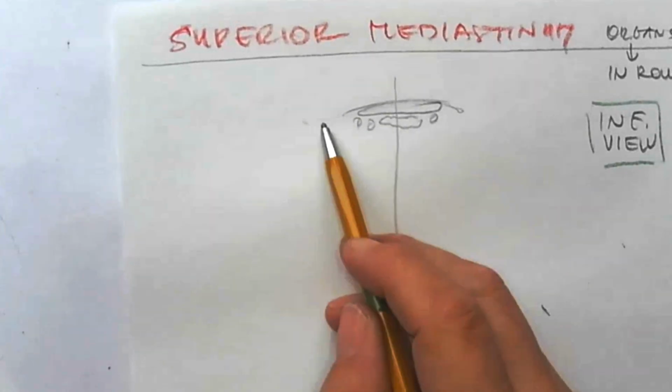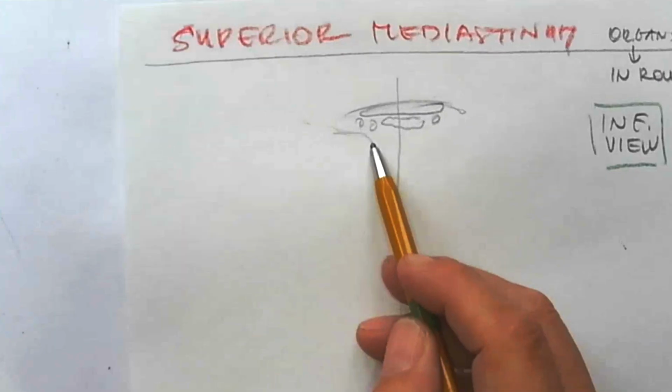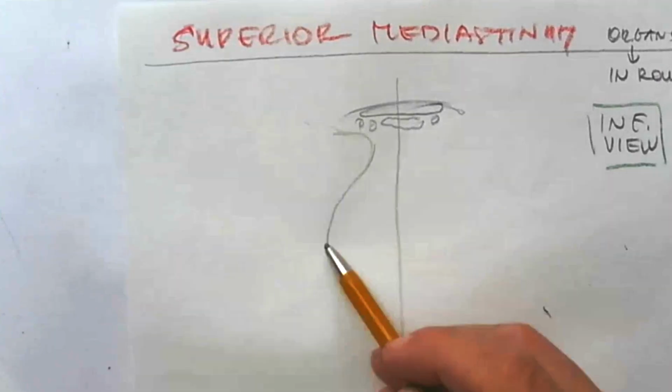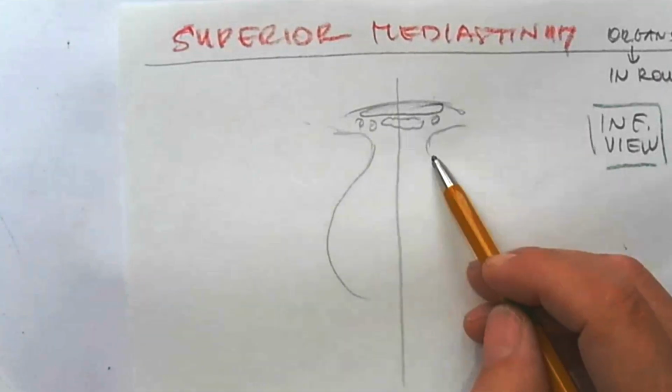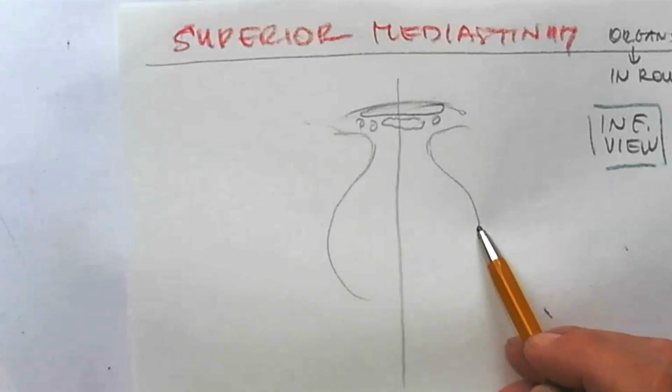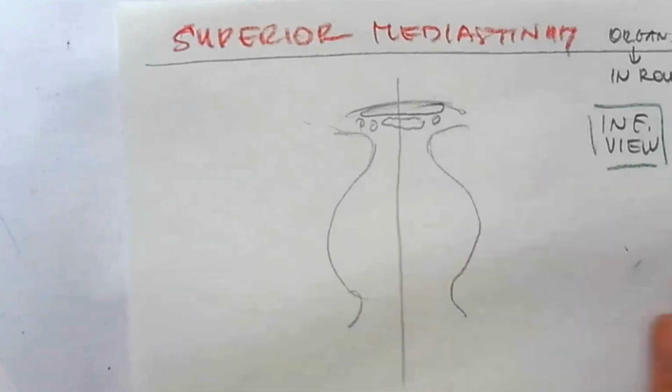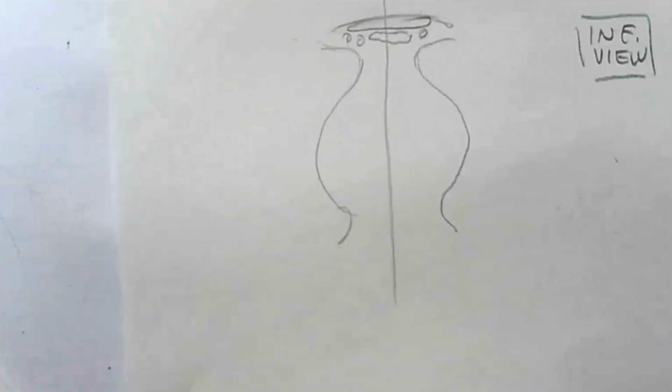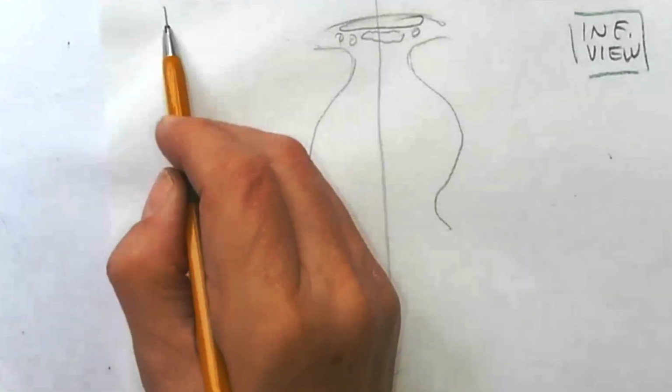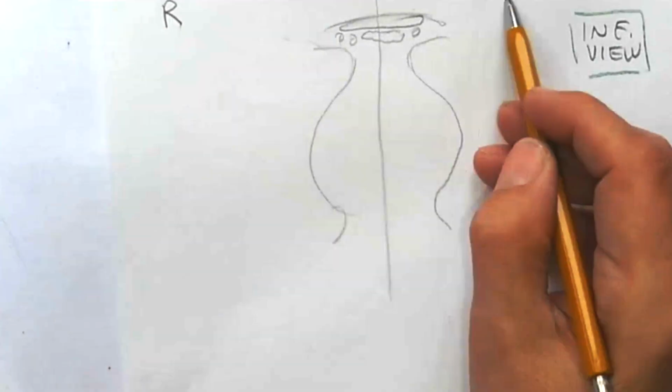Then follows the pleura, so drawing the pleura on both sides. There is no absolute symmetry, because the left is deeper, but it doesn't matter. For any description, that one is the right side, this one is the left one.